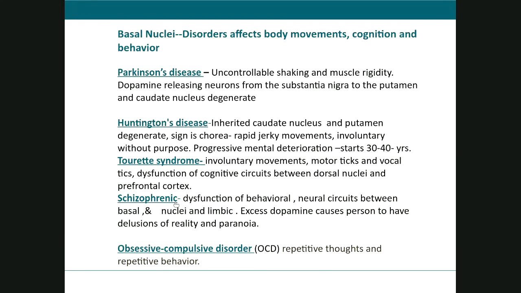Schizophrenia is a dysfunctional behavioral problem where often you can have hallucinations, paranoia, delusions, and obsessive compulsive behavior, where you have continuous repetitive thoughts and repetitive activities, all associated with the basal nuclei.